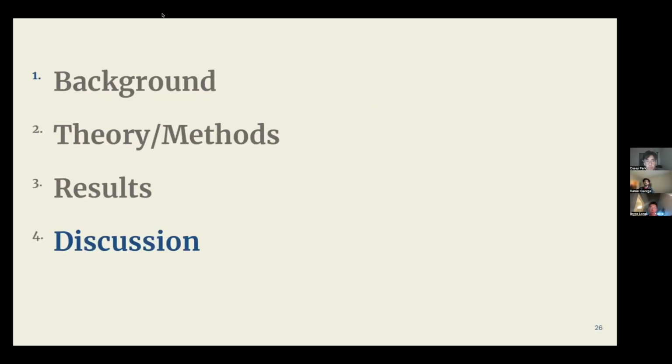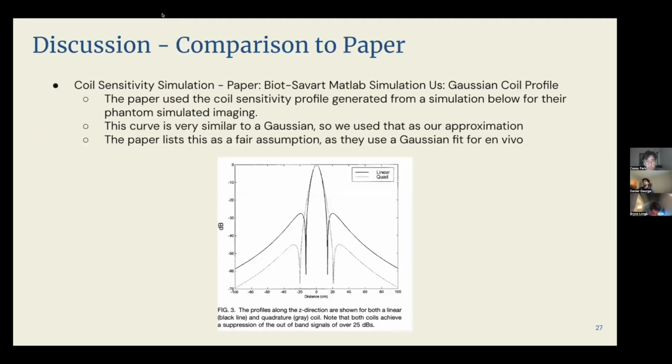Now we'll get into the discussion of our results and compare them to the original PILS paper. The first area where our code differed from the original paper was the coil sensitivity simulation. So in the paper, they used the Biot-Savart equation, and they made a MATLAB simulation for different coil geometries and computed the coil sensitivity as a function of distance.